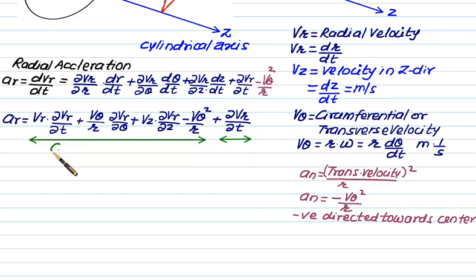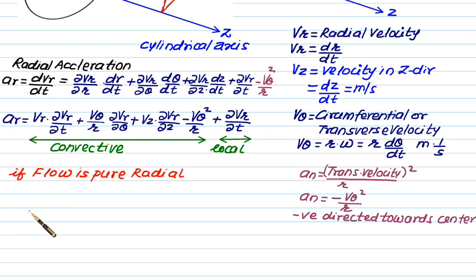So this part represents the convective acceleration and this part represents the local acceleration in the radial direction. Almost similar terms we can generate for a theta and az, but the radial direction is more important for us. Suppose we take a special case where the flow is purely radial.